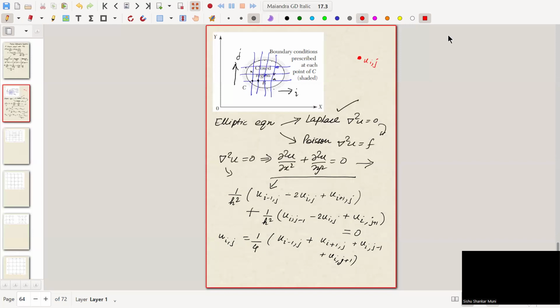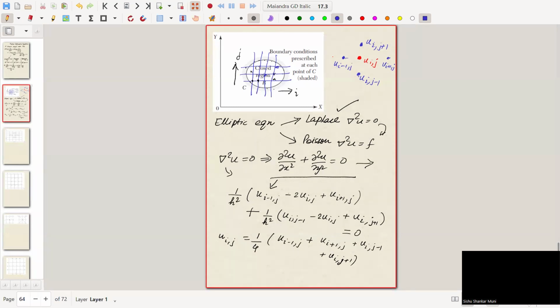This point is being evaluated based on i plus 1 j, i j minus 1, and i j plus 1. You can see how. In order to find this point, you have to take the average of the quantities of these neighboring points. To evaluate this point, you are taking the average of the quantity at these 4 points.